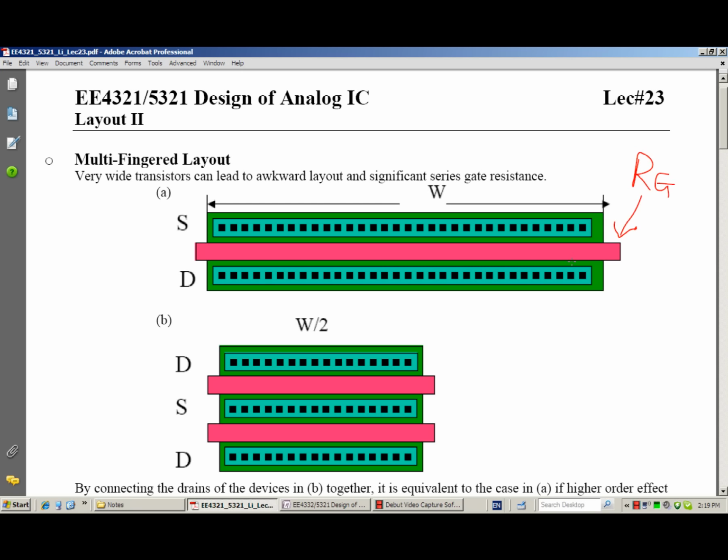Remember that the red area is the gate of the transistor, and this is built by polysilicon, which has a relatively high resistance compared to metal. So we have large resistance, especially when W is large, because the distance for the current to flow through the gate is large.